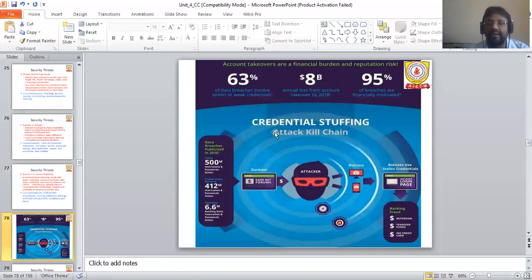Now, this is the credential stuffing attack kill chain. These are the attackers, and this is the darknet and the botnets. Botnets use stolen credentials and open login pages. So the attacker can modify this information and hijack the user ID and password, and access it for things like banking fraud. This may happen.